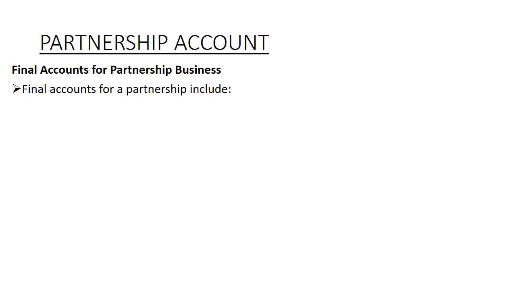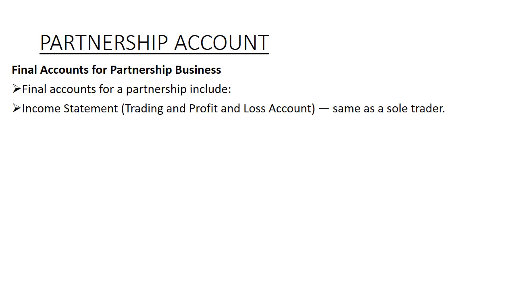Okay, with all that information, what constitutes the final accounts for a partnership business? What we're doing is accounts, it's not commerce. So we have to know what constitutes the final accounts for a partnership business. The final accounts include, one, the income statement, which is the other name for the trade and profit and loss account.